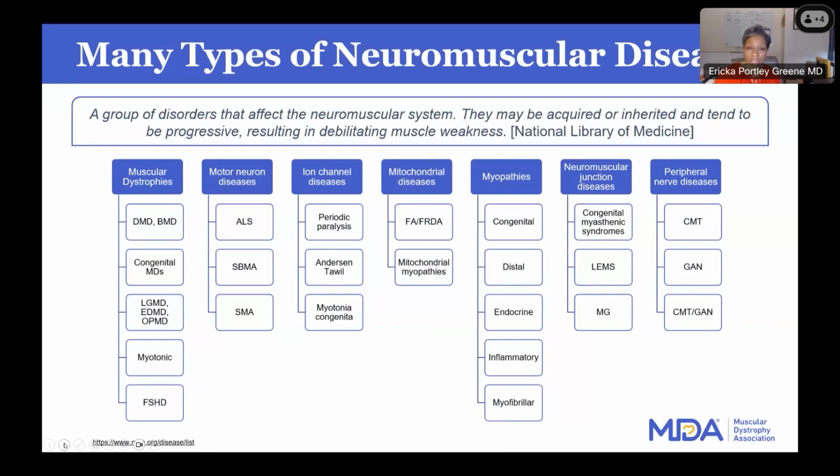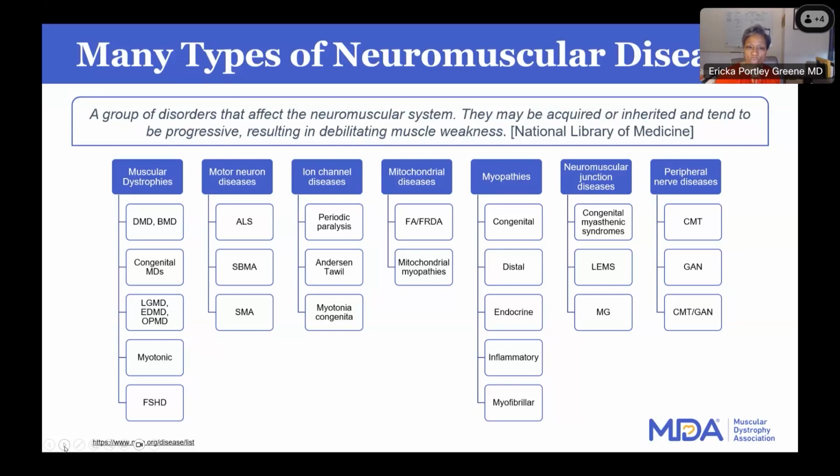Muscle diseases include inherited muscular dystrophies. Again, we're confronted with these acronyms: the dystrophinopathies, Duchenne and Becker's, the congenital muscular dystrophies from birth, impacting development in utero and postnatal. Some of the more common are the limb-girdle muscular dystrophies or Emery-Dreifuss, those that affect the eyes, and then another very common adult onset, myotonic and facioscapulohumeral.